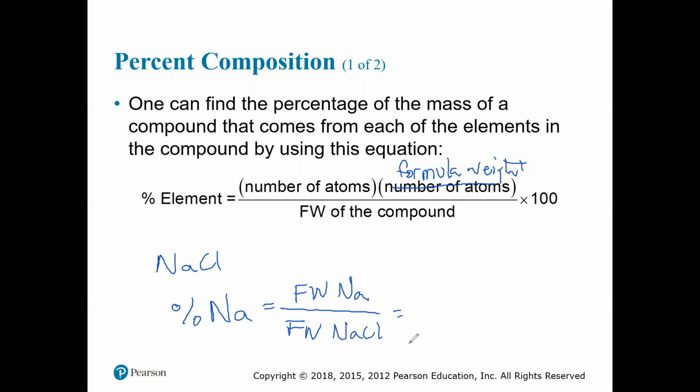In this case, I'll take 22.99, and we multiply this by 100 to get it in percentage. We divide it by the mass of both of those, which is roughly 58, and we multiply it by 100.